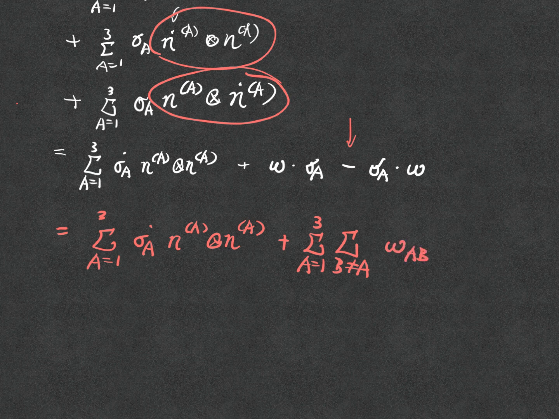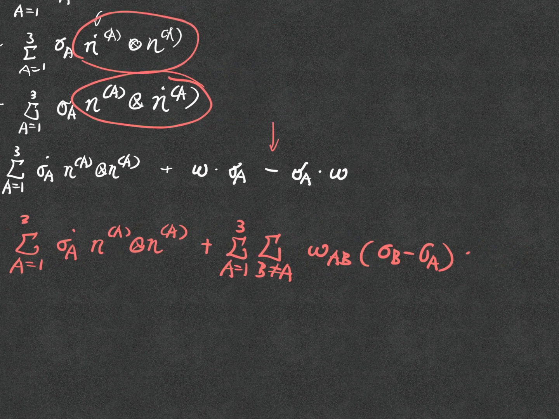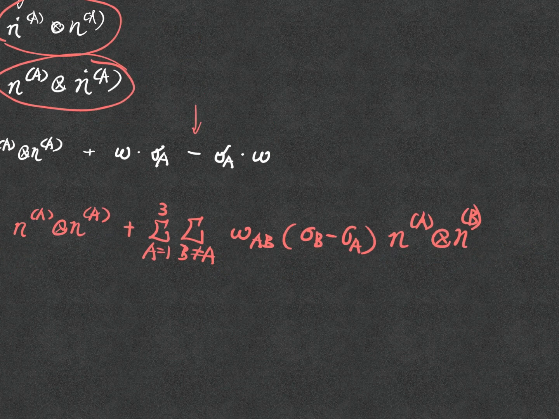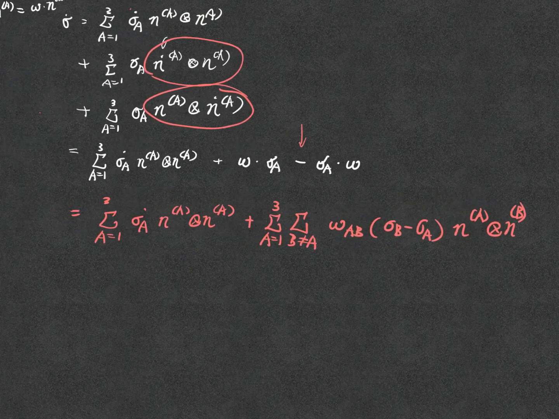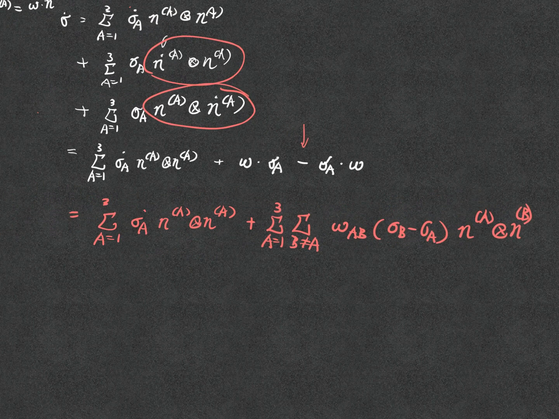And then we write the spin term component like this. Does that make sense?